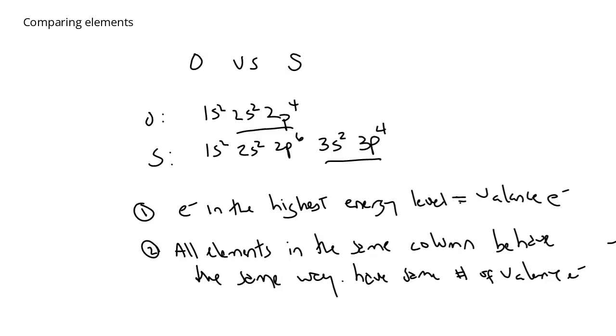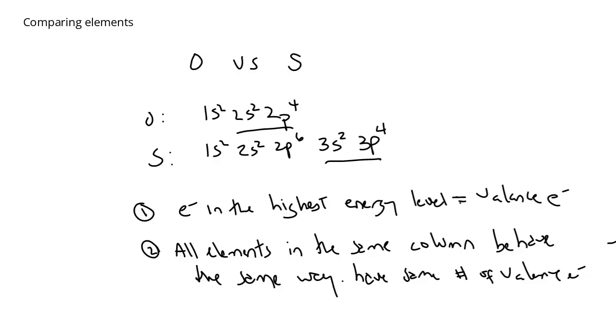So does that mean that I have to write electronic configuration for every single element to determine how many valence electrons they have? Why not? You know I'm going to follow up with another question. The answer is, in theory, yes.